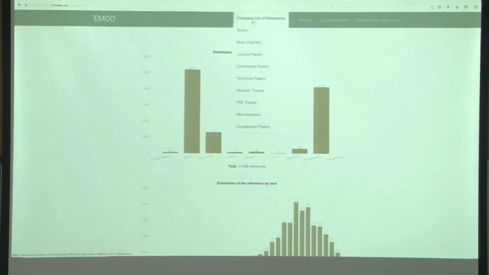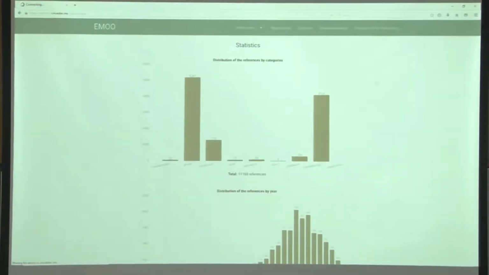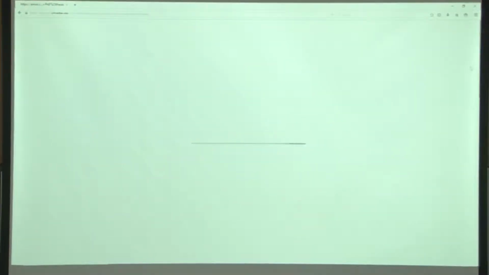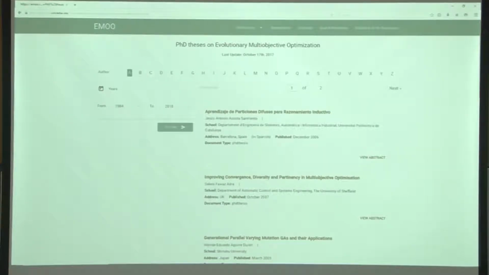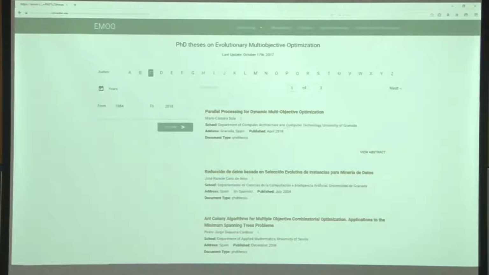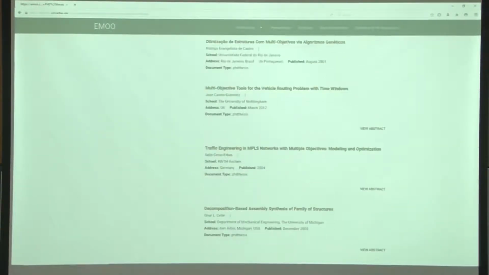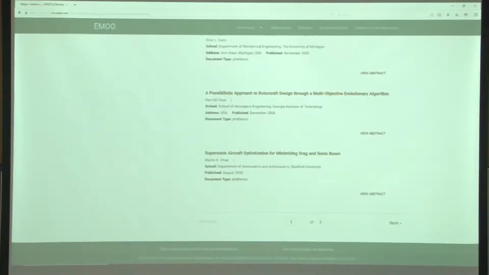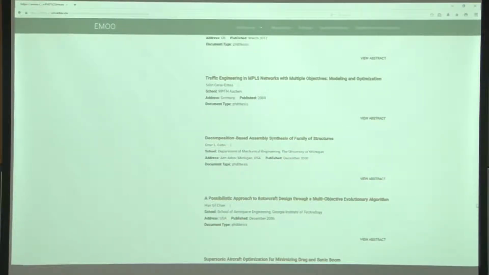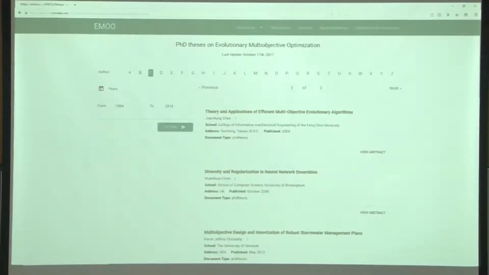And you can see also, for example, if you want to see PhD theses only, depending on the last name, you choose a letter, and you will find the thesis there. For example, for C, you will find my thesis somewhere there, from 96.